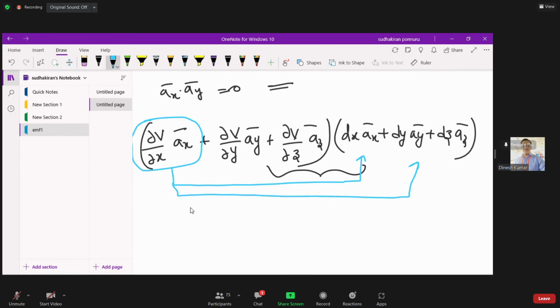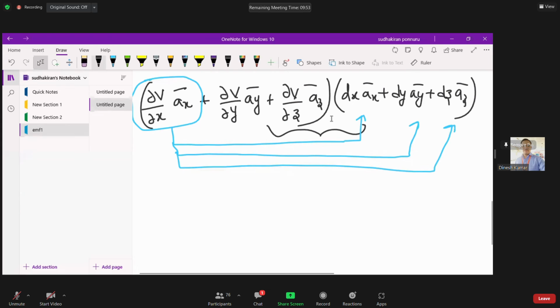That means dou v by dou x ax bar multiplied by the first term, dx ax bar. If you do the product between these two, that is ax bar dot ax bar, the value is 1. So the final value will be dou v by dou x into dx.